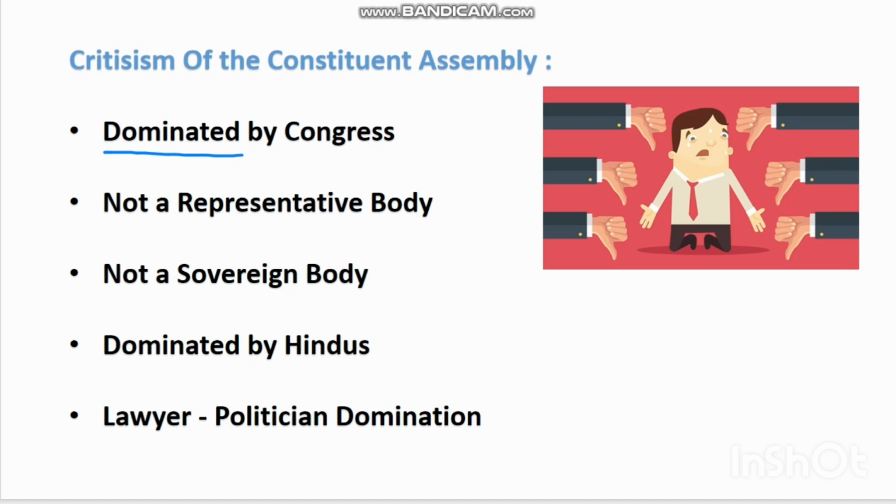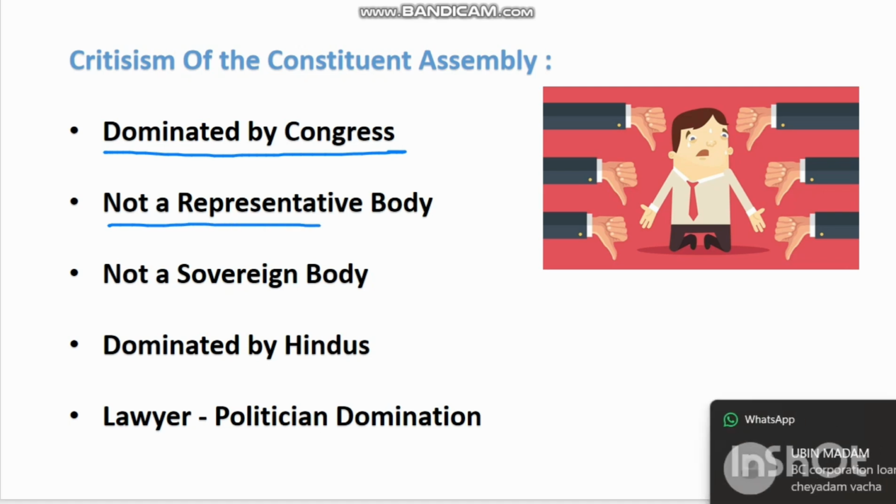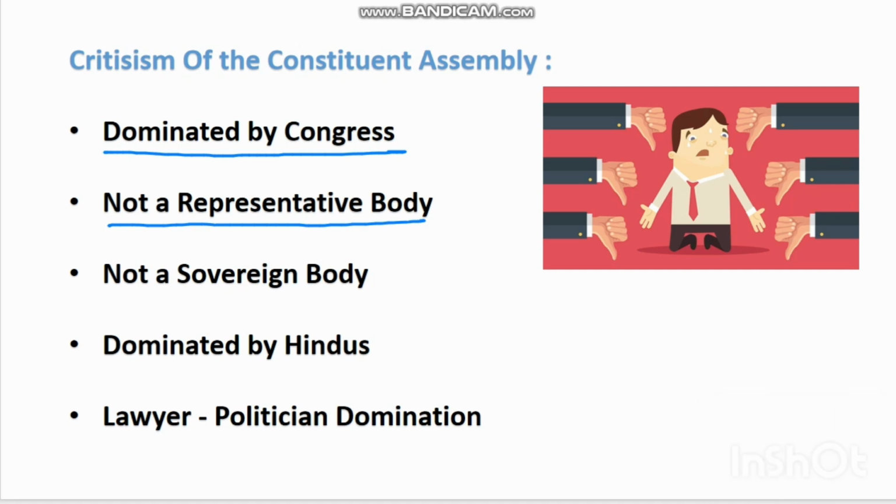It was said that it was fully dominated by the Indian Congress and was not a representative body, meaning the Constituent Assembly was not formed by elections with the people, and it was not a sovereign body.